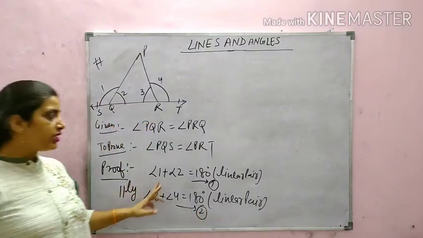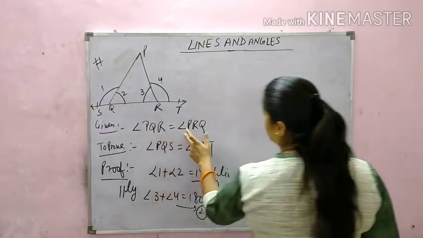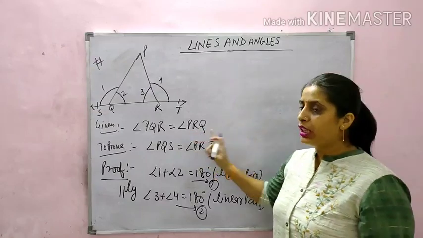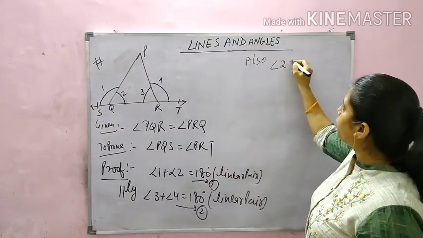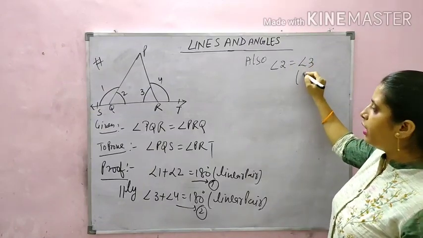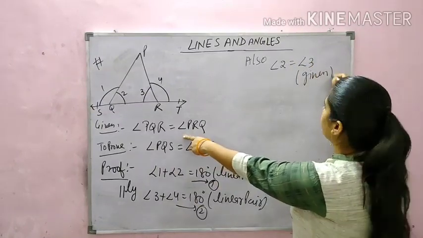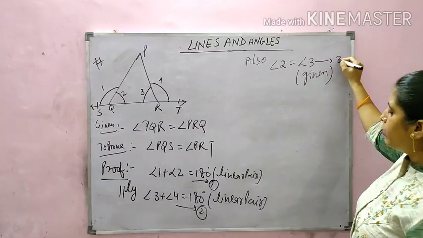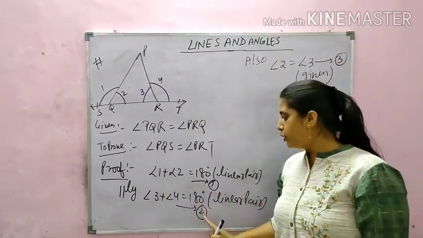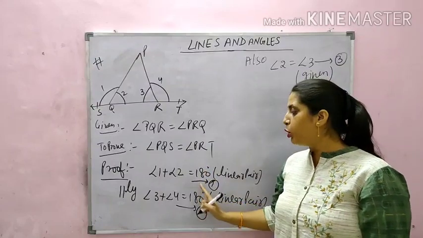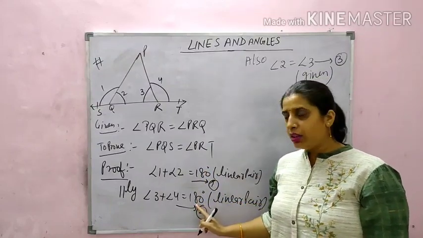Now see, since we have given here angle PQR equal to angle PRQ, therefore also angle 2 equal to angle 3. It is given. Clear? Equation number 3. Now, first of all, see in equation 1 and 2, the right sides of both the equations are equal.